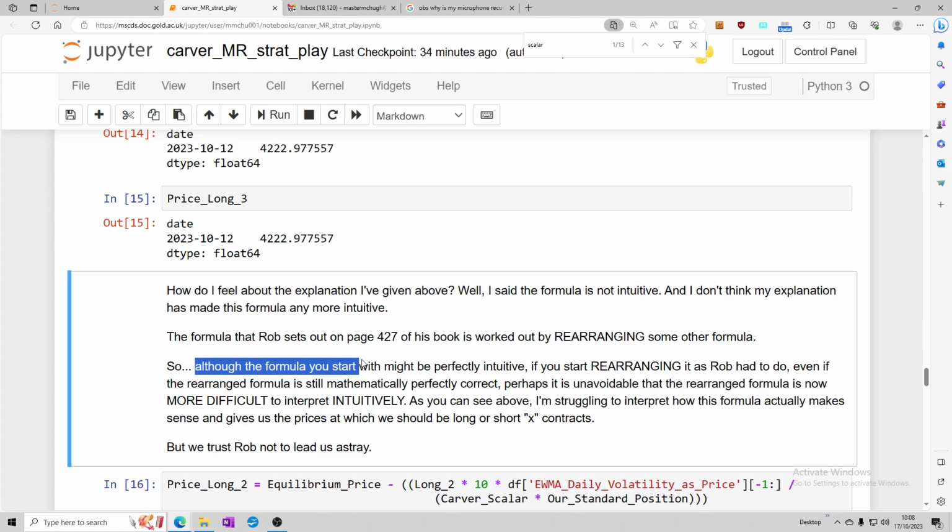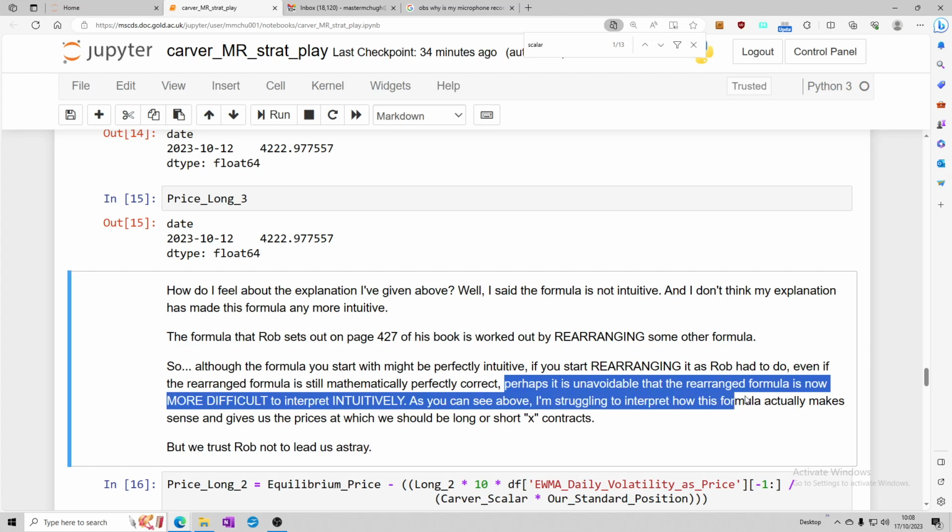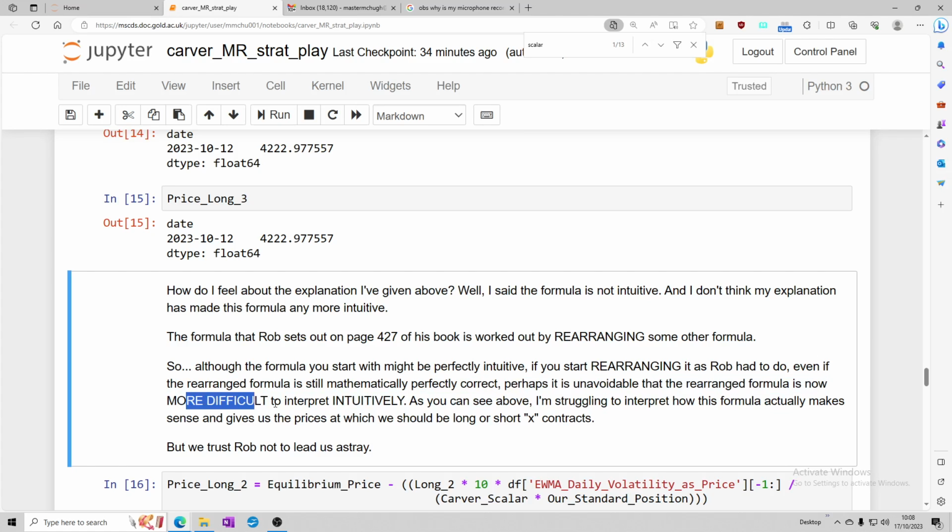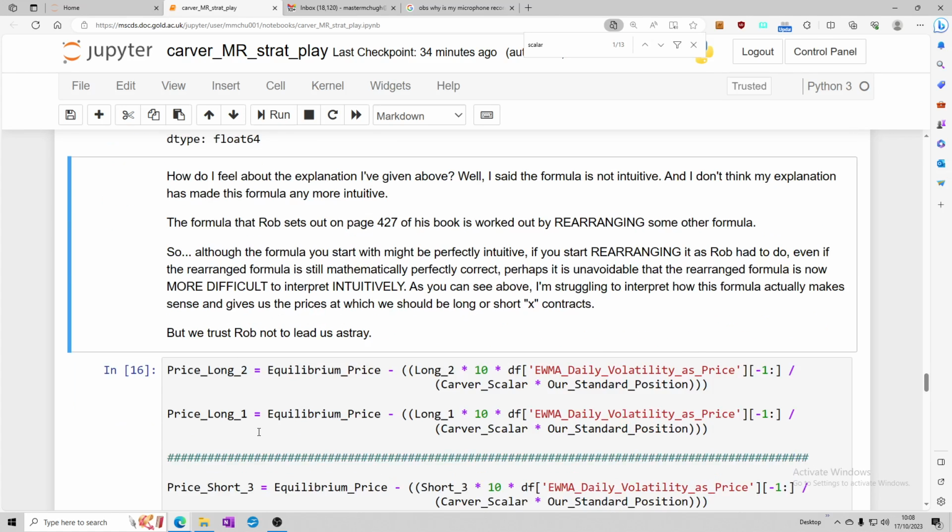So although the formulas you start with in his book are perfectly intuitive, if you start rearranging them, as Rob had to do, even if the rearranged formula is still mathematically perfectly correct, perhaps it is unavoidable that the rearranged formula is now more difficult to interpret intuitively. As you can see above, I'm struggling to interpret how this formula actually makes sense and gives us the prices at which we should be long or short 3 contracts or 2 contracts or what have you. But we trust Rob not to lead us astray.